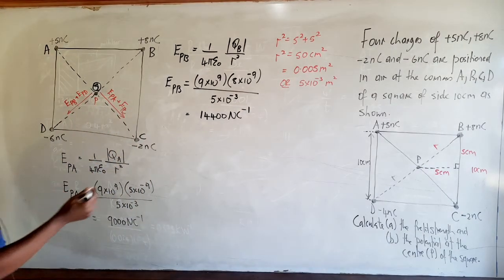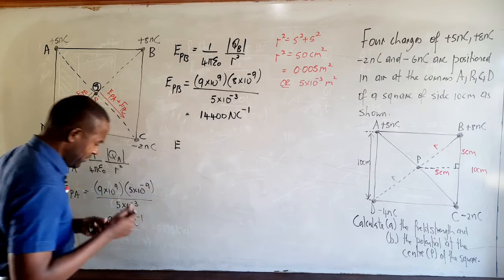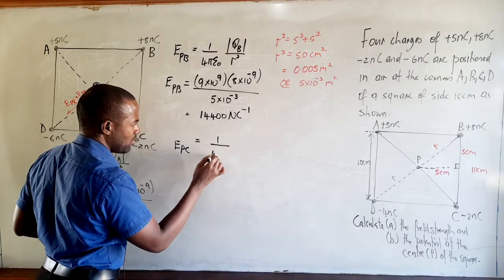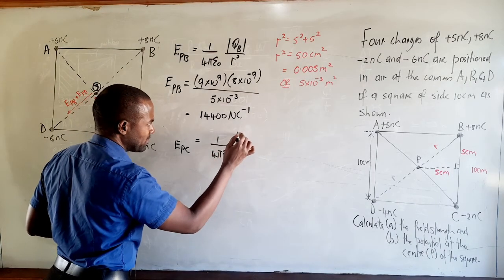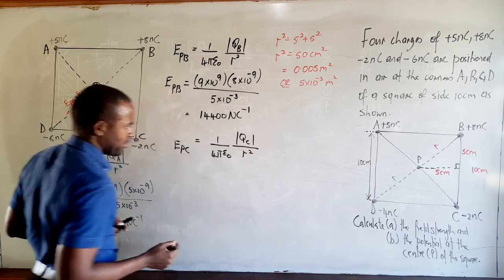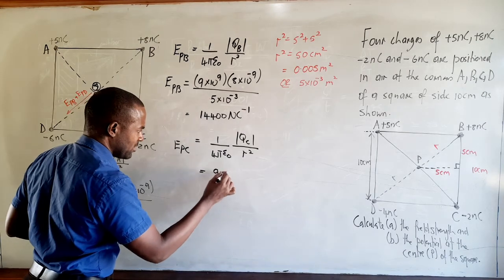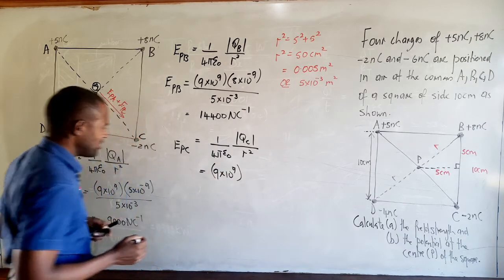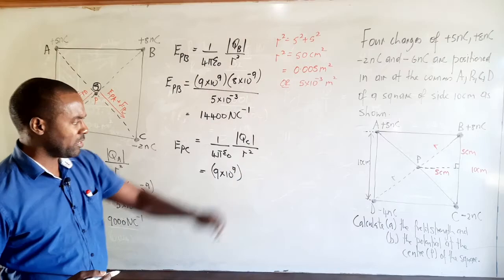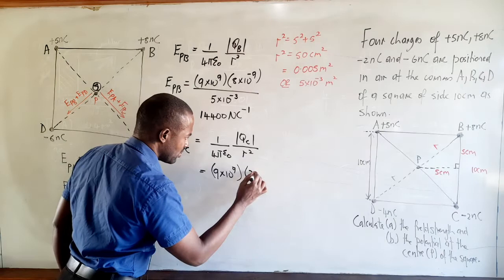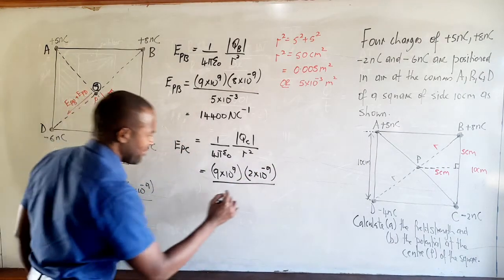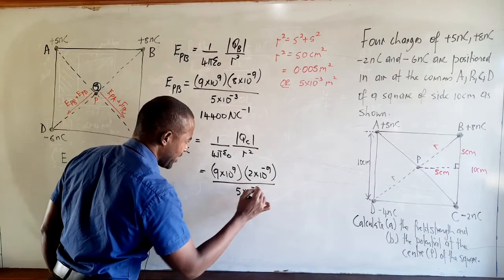We continue. We want to work out the value of the field strength at P due to C. And this is given by, once again, the formula 1 over 4 pi epsilon naught times the magnitude of the charge at C divided by r squared. So this gives us 9 times 10 to the 9. Now the charge at C has value minus 2 nanocoulombs, but once again we're dealing with the magnitude only. So this is times 2 times 10 to the minus 9, all over r squared, which is 5 times 10 to the minus 3.